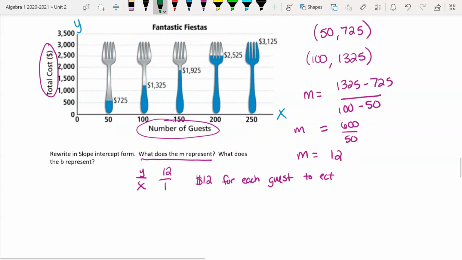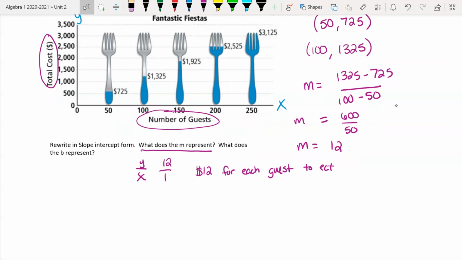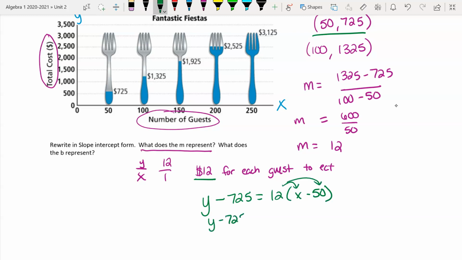Now, can we find what b represents? Well, we can find b. Let's use point-slope form. So I'm going to use this point, and I know my slope's 12. So y minus 725 equals 12 times x minus 50. I'm going to distribute. Y minus 725 equals 12x. We're going to write this one in slope-intercept form. So I can add 725.